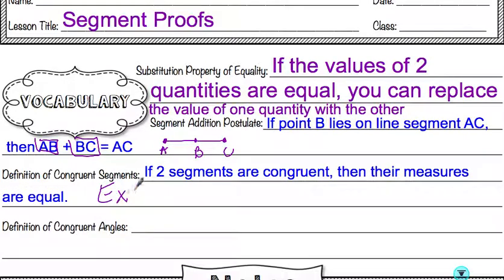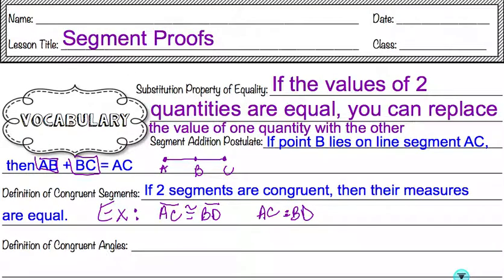Okay, so here's an example. If you have segment AC and it is congruent to segment BD, then the measure of AC is equal to the measure of BD. Do you see how when you say they're congruent, you put the line over on top of the two letters, but when you say that they're equal, their measures are equal, you don't put a line on top. It's just some of the notation that's used in geometry.